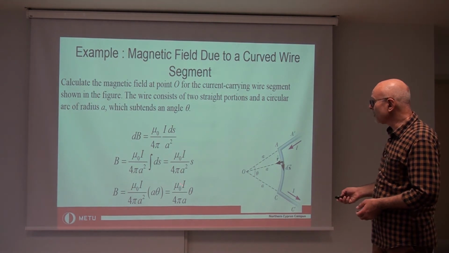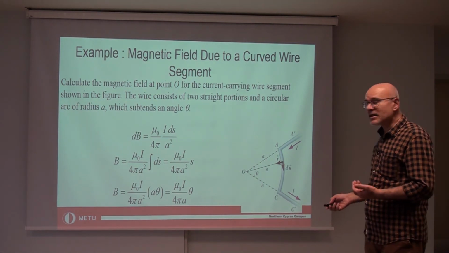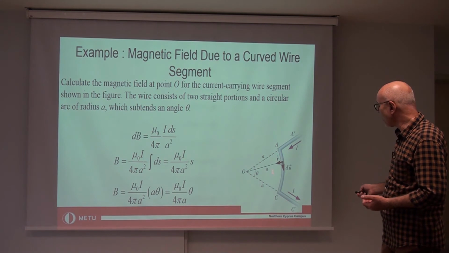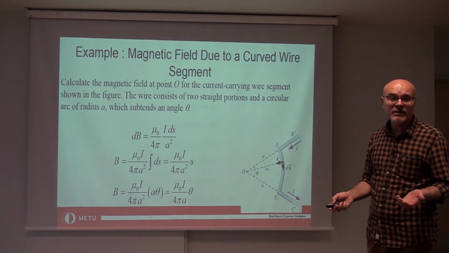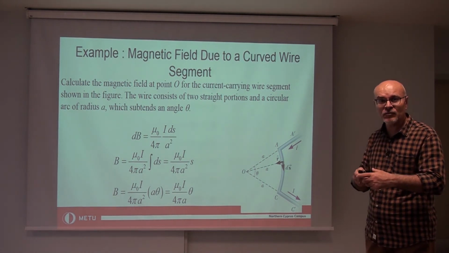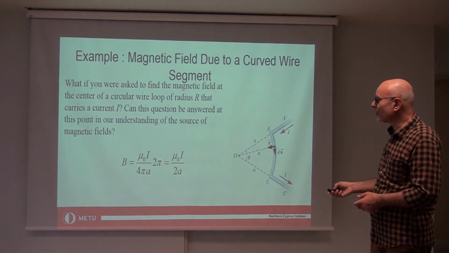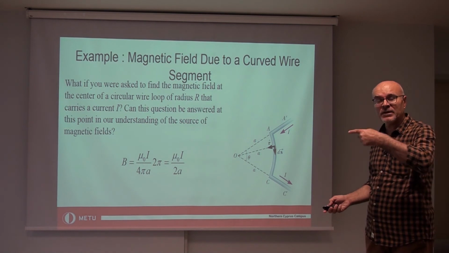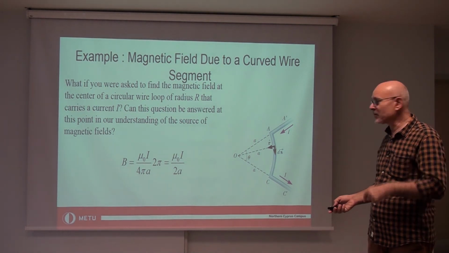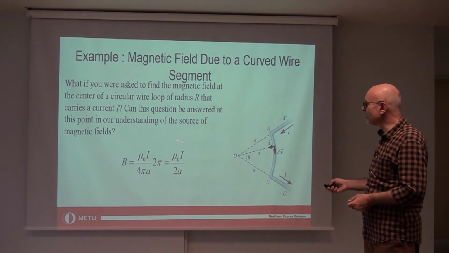Now this, of course, tempts us immediately to say, okay, what if this arc was a complete ring? In this case, what would be the magnetic field? You just substitute 2 pi for theta, because when you have a complete circle, theta becomes 2 pi, and you get this simple expression.